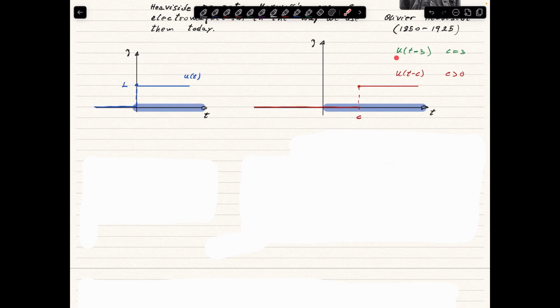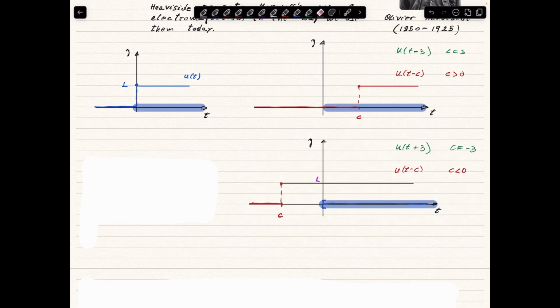For example, to fix ideas, suppose c is 3. This is how the function looks, the step function with step at 3. So u of t minus 3. But we can also assume that c is negative, so then we are going to be shifting to the other side. Let's fix ideas, c is negative 3. So the step is here.